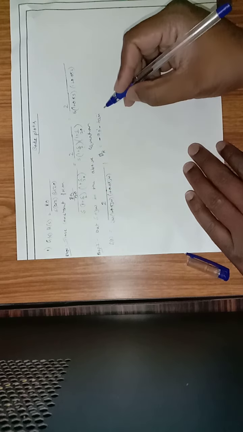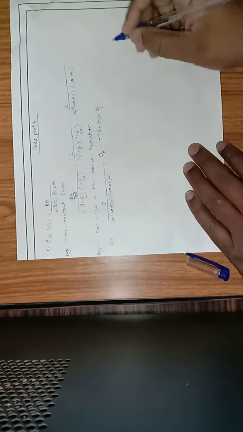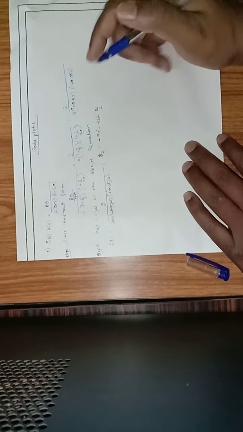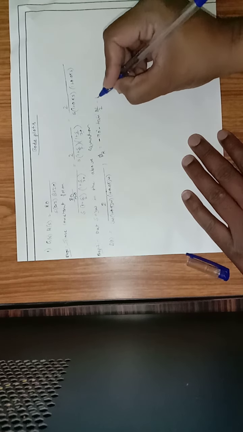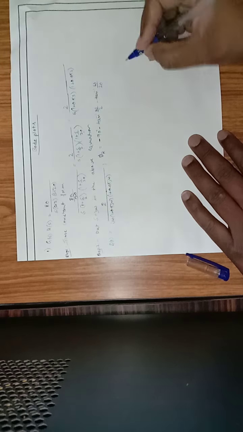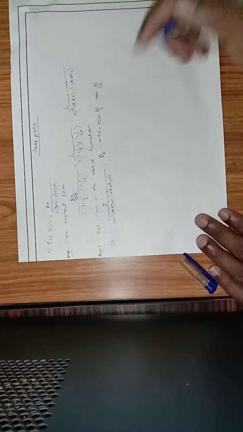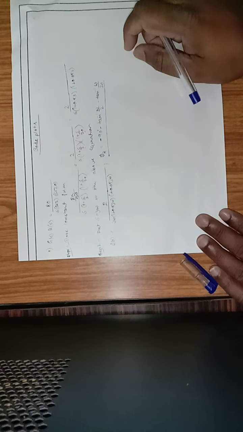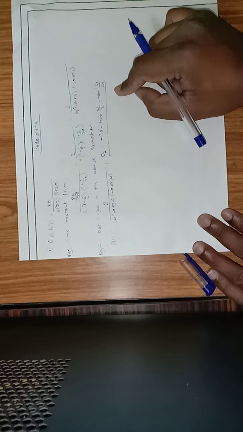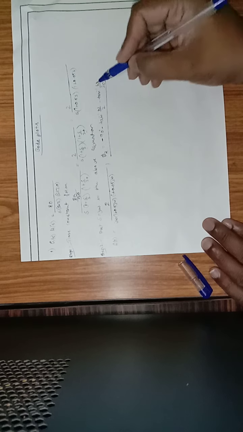In the place of s we have j omega, so this will become phi r is equal to minus 90 degrees minus tan inverse (omega by 2) minus tan inverse (omega by 20). This is the required phase angle equation. With this equation we can calculate the phase angles by varying the omega value.